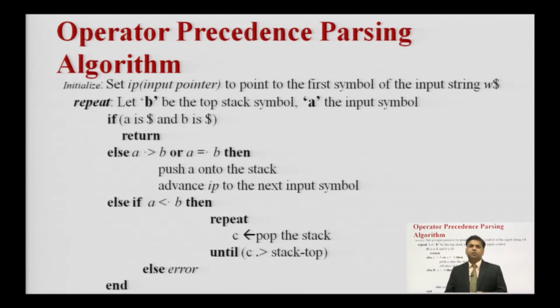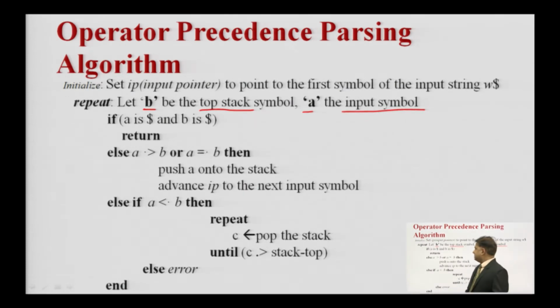Here we have two terms, one is B, that is the top of the stack, and second is A, that is the current input symbol. I will always try to find the relation between the top of the stack and the current input symbol. It may be less precedence, higher precedence or equal precedence.